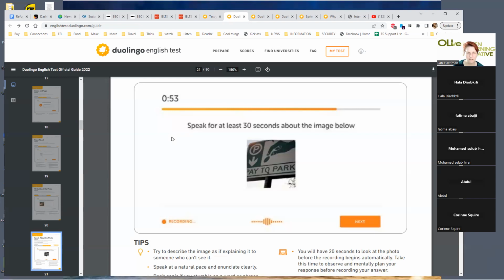So getting in all the details, that's what it means about as if explaining it to someone who can't see it. All right. So very much like the task 1 writing in IELTS, you're really focusing on what do I see on this one.